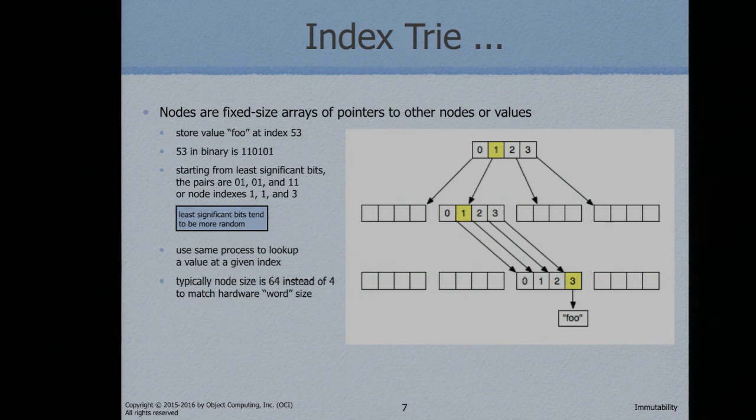So let's talk about the index tree first. Here we're going to model an array. Suppose I want to store a string in my array, the simple string foo, and I'd like to place this at index 53. What I do is get the binary representation of 53, which is 110101, and I have chosen in this example to use nodes of size 4.